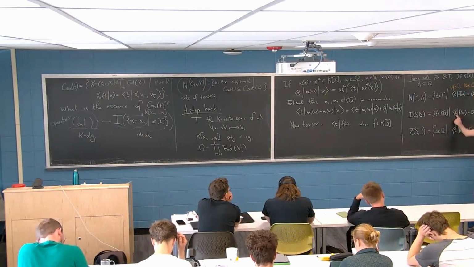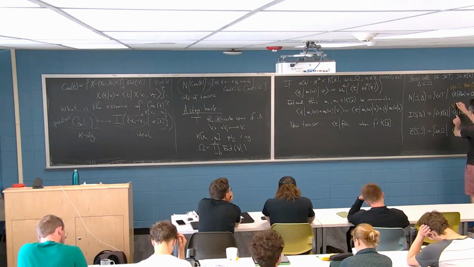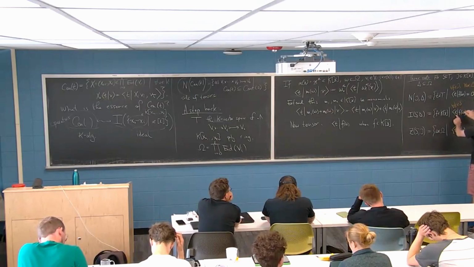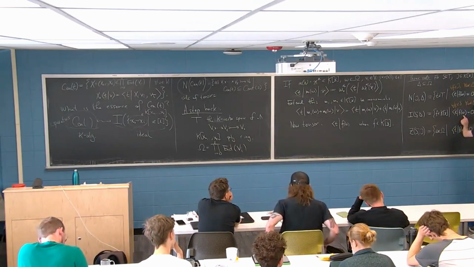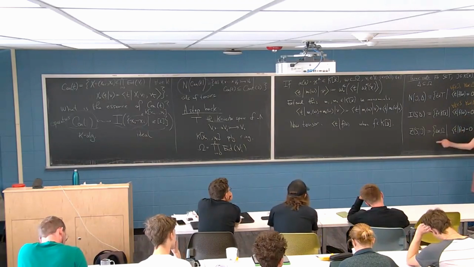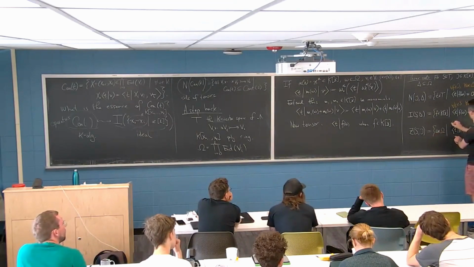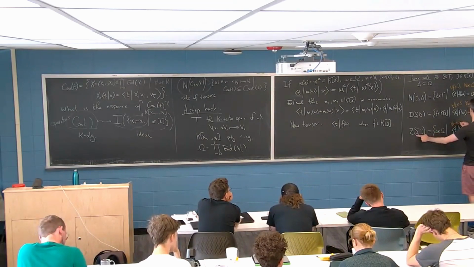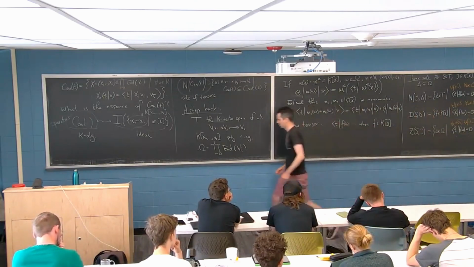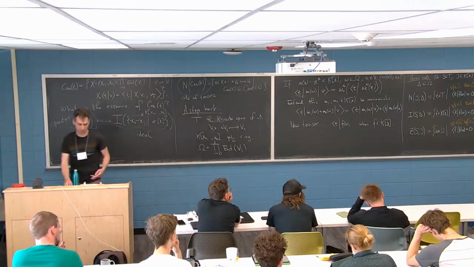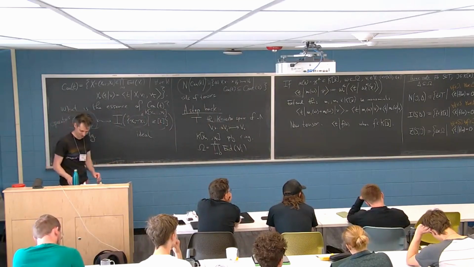F is fixed here, so I want all t in S and all omega in delta. And the final one, omega is fixed, for all t in S, for all f in J. Okay? There are three sides of the same coin, so to speak.